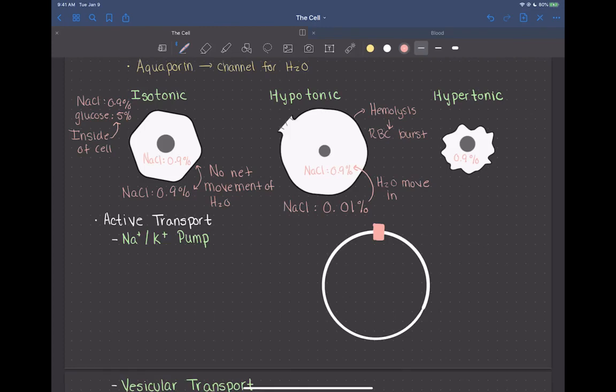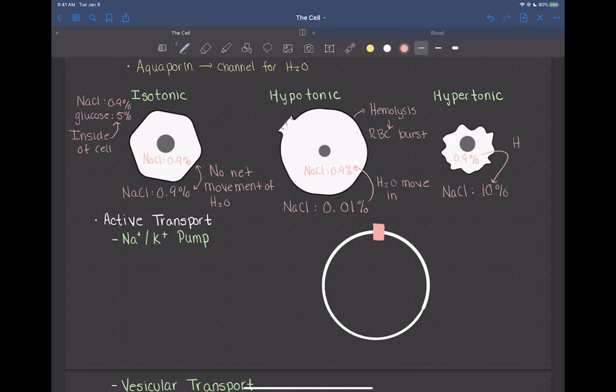Our last possible solution is called a hypertonic solution. You can probably guess this one has a higher concentration of salt. So if we put the cell in something extreme, like a 10% salt solution, with water always moving towards more salts, that water is going to move away from that 0.9% towards that big fat 10% of salts to try to dilute it.